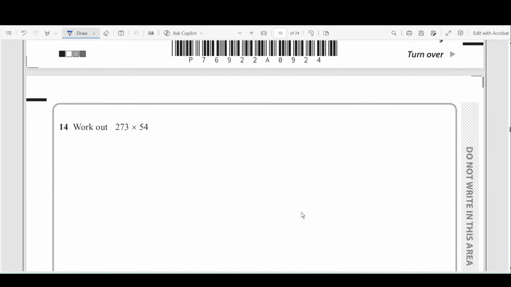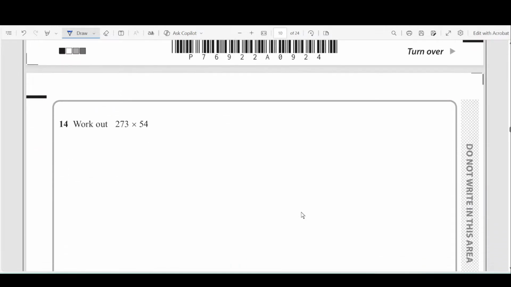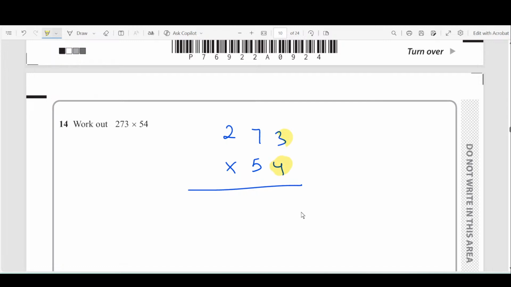Now work out 273 times 54. We can use the column method to do it. First, this digit 4, we multiply it one by one with these.